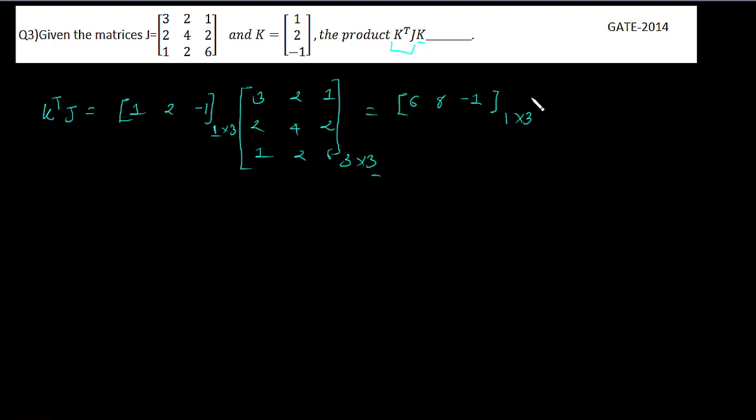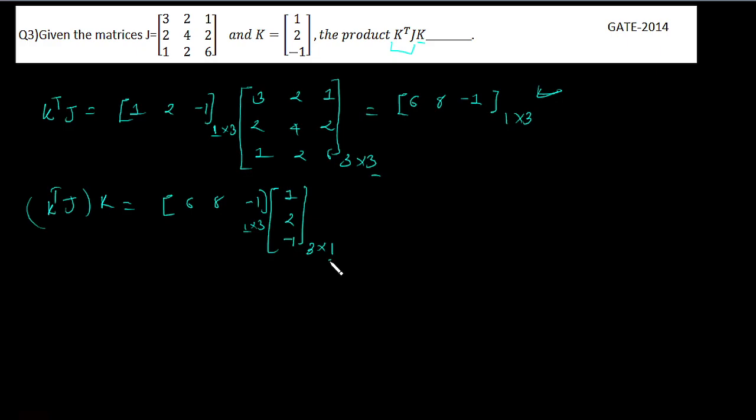Now we have to multiply this answer with this column matrix K. So let's do it. Let's first write this matrix 6, 8, minus 1, and write this column matrix. Now you can see this is 3 cross 1, and here it is 1 cross 3.